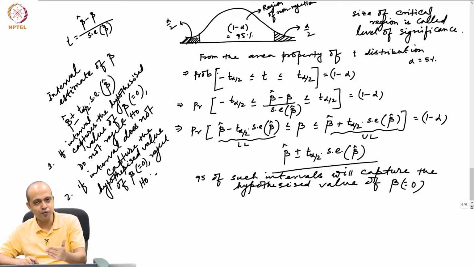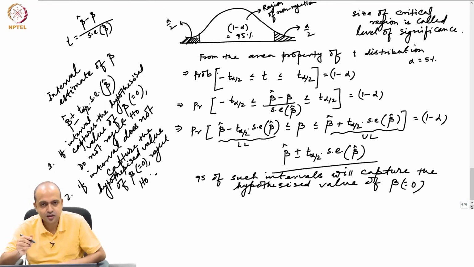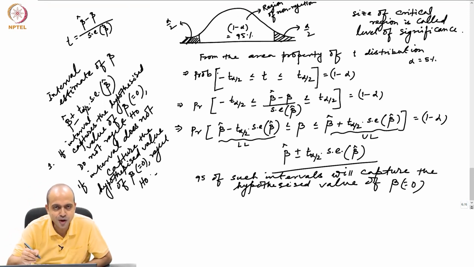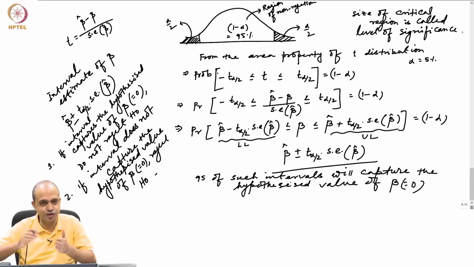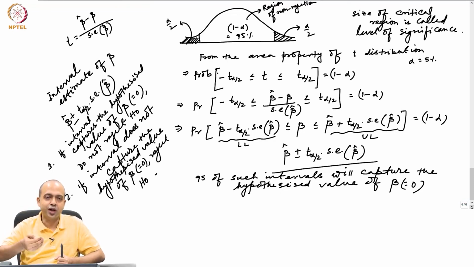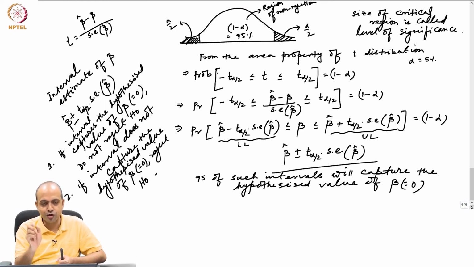Type 1 error is most severe, as I discussed giving the example. We fix a priori the probability of type 1 error, that is, we are fixing the size of the critical region. When I am saying I am fixing the number of type 1 error, I am actually fixing the size of the critical region, and then we determine the area of non-rejection, 1 minus alpha.